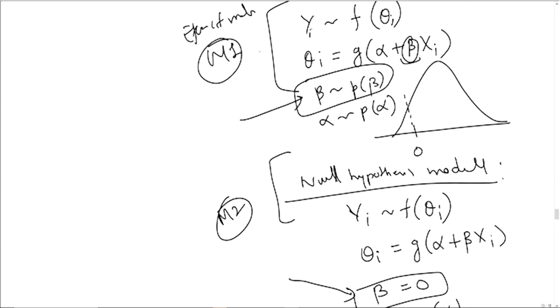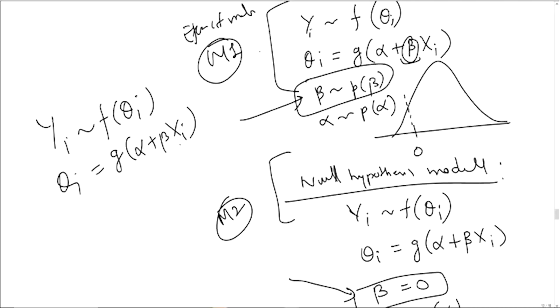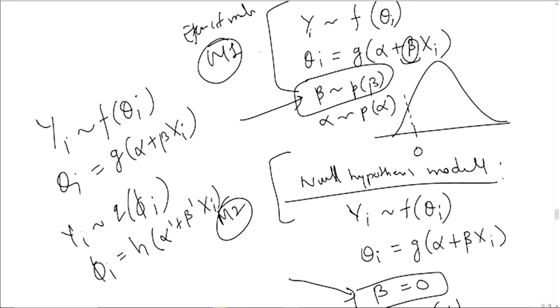But imagine that you had two models which are completely different. Let's say model 1 is something like y_i comes from f of theta_i, such that theta_i is g of alpha plus beta x_i, and model 2 is y_i comes from, let's say, q of phi_i, such that phi_i equals h of alpha dash plus beta dash x_i.